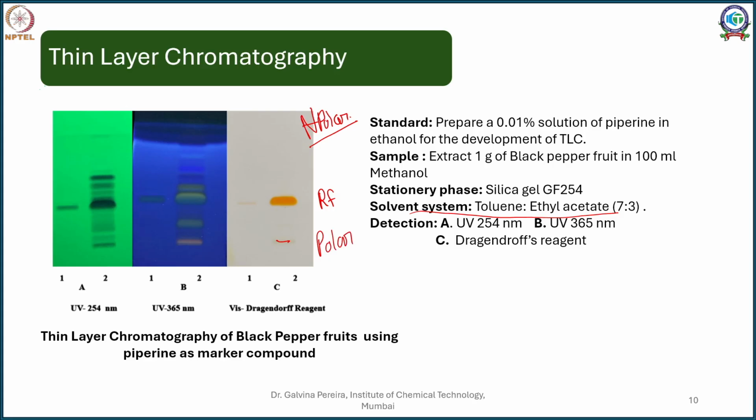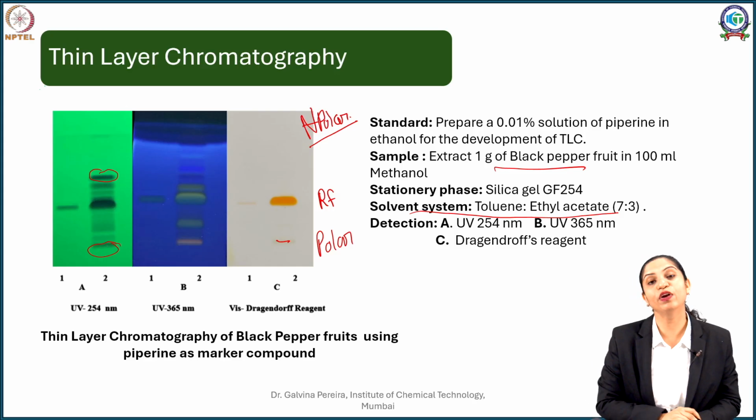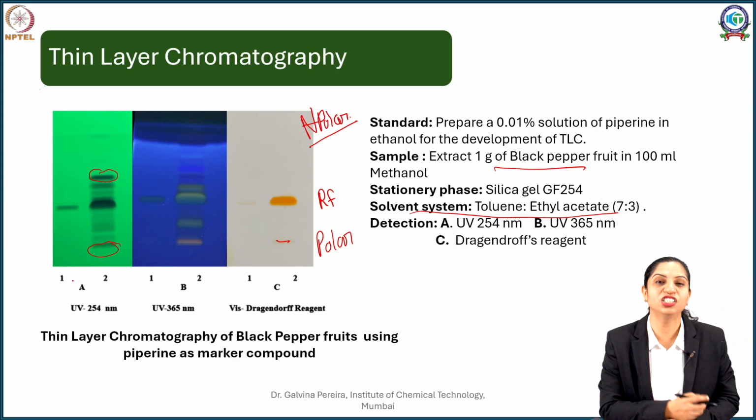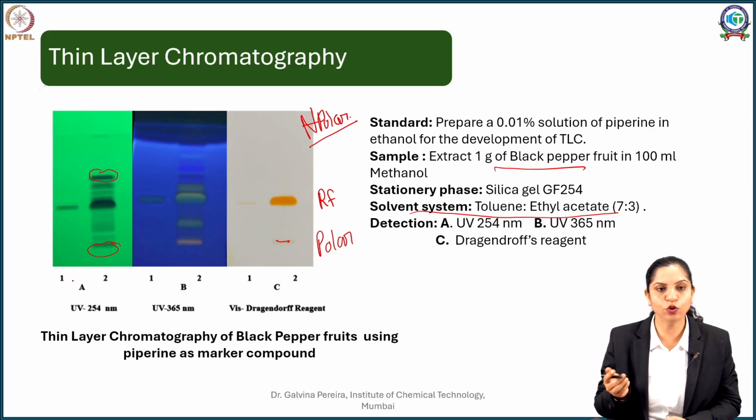And depending upon how polar or non-polar other compounds are, say for example, I can say of all the compounds, this is the most non-polar compound which is present in my black pepper, whereas this is the most polar compound which hasn't even run in the given mobile phase. Now I might have different visualizing agents also. In the first case, the plate is just seen under UV 254.